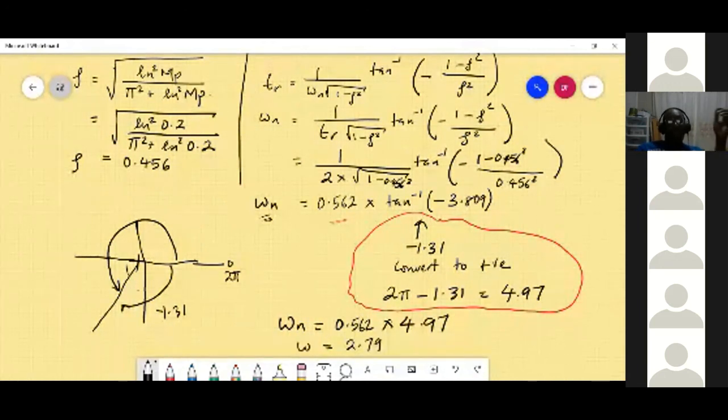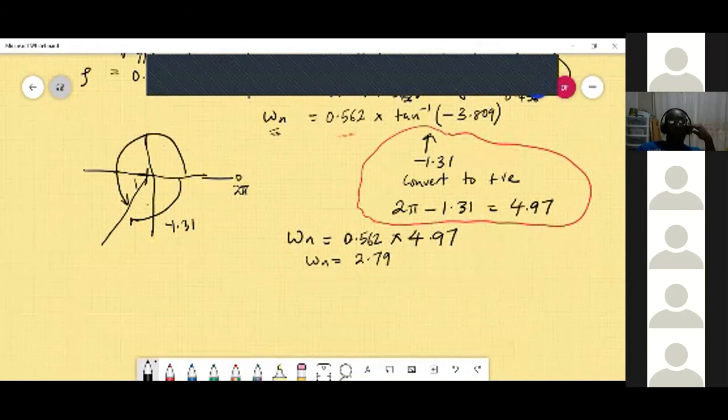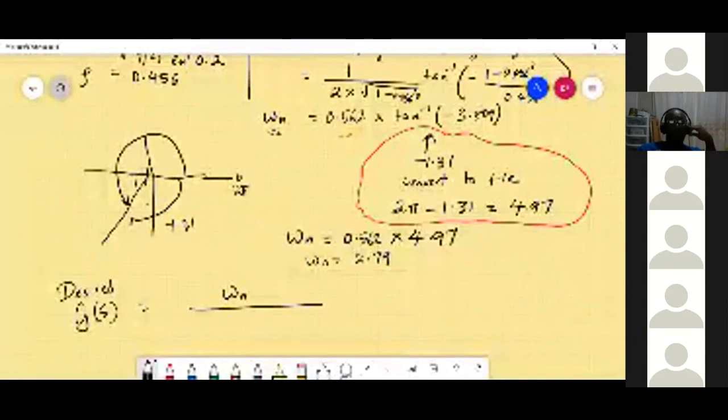All right, so now our desired denominator: omega n squared over s squared plus 2 times 0.456 times omega n, 2.79, s plus omega n squared.